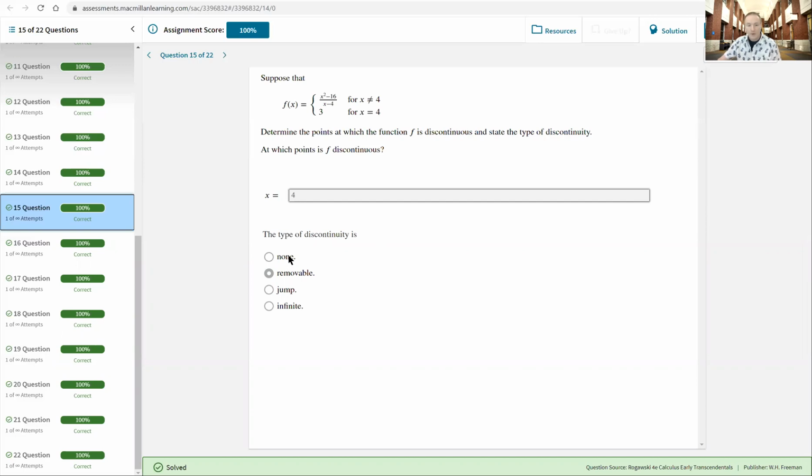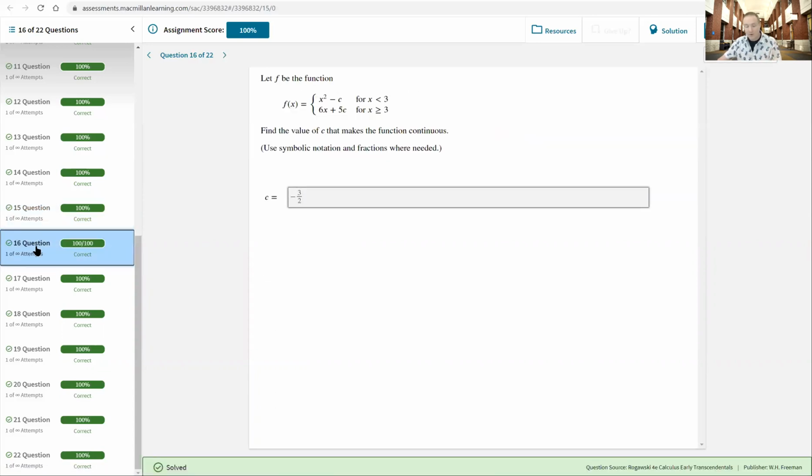Now, the only way that you would have no discontinuity is if you could plug the value of 4 into the simplified version of this rational function, and it be the same as the y value given in the second part of the piecewise function. The second part of the piecewise function would be filling in the hole in the graph, which causes it to be continuous.